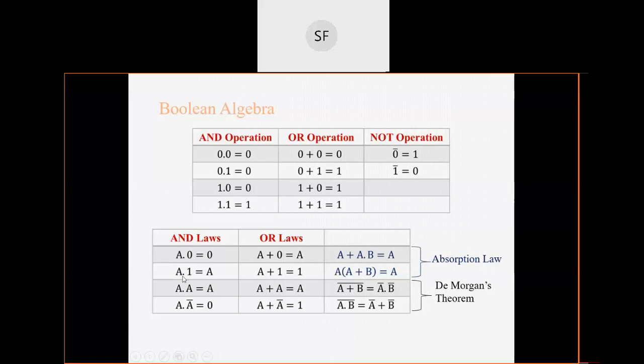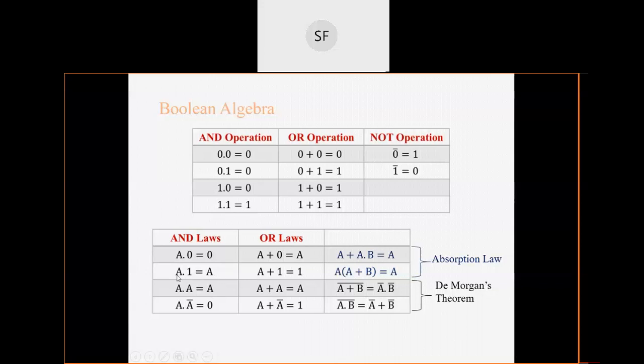Now the second law, A and 1. So what happens? If I put the value of A as 0, then 0 and 1 becomes 0. That means if you put the value of A as 0, you will get the output 0. If I put the value of A as 1, then 1 and 1 will be equal to 1, right?